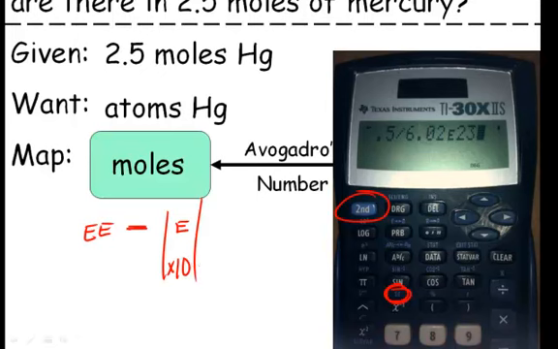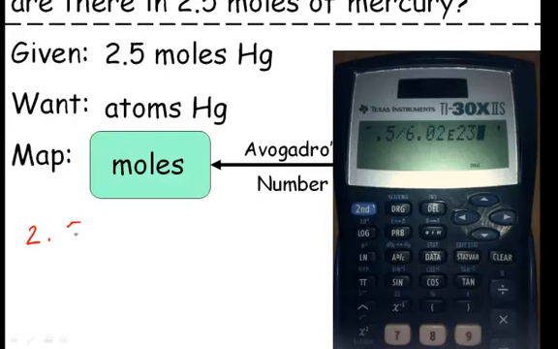So our keystrokes here should be 2.5 times 6.02, our second button, the inverse button, so that we get our EE, 2, 3.